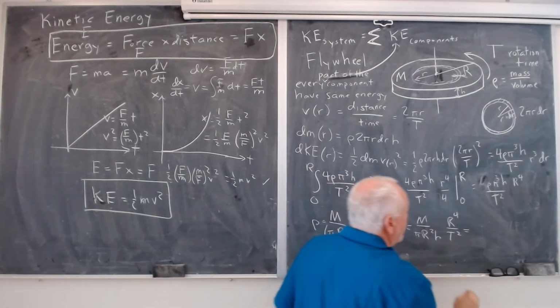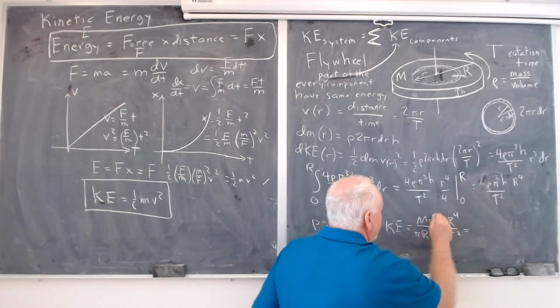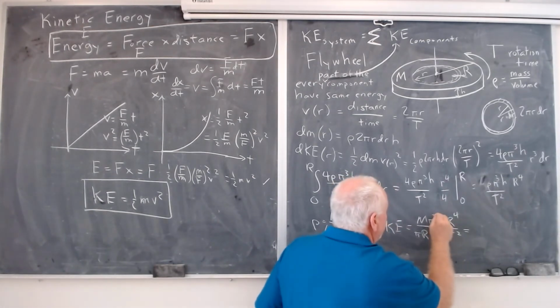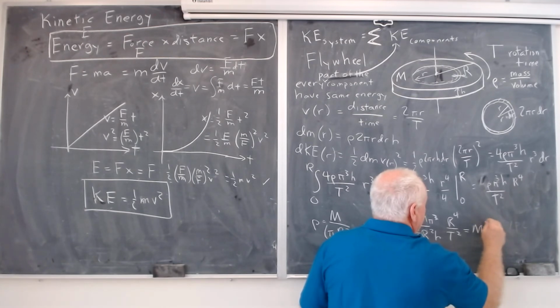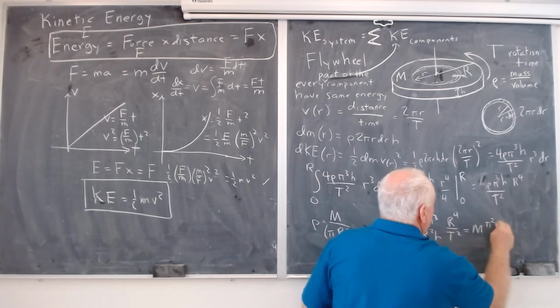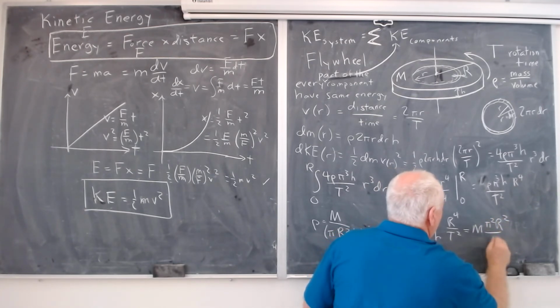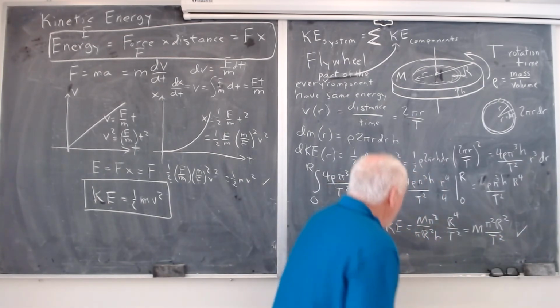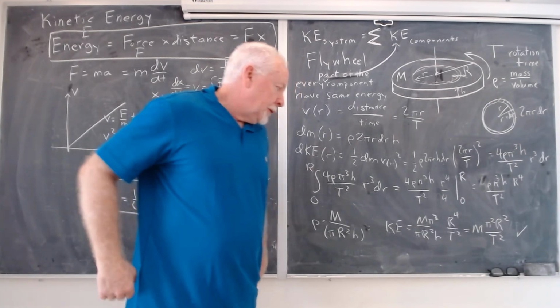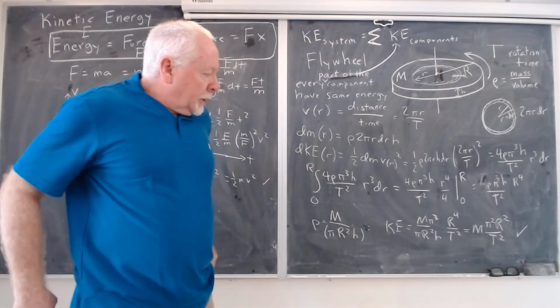So, pi cubed, sorry, that equals m pi squared R squared over t squared. I think I've done that right.